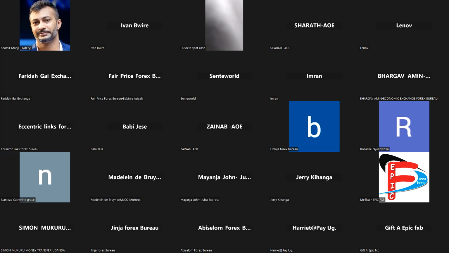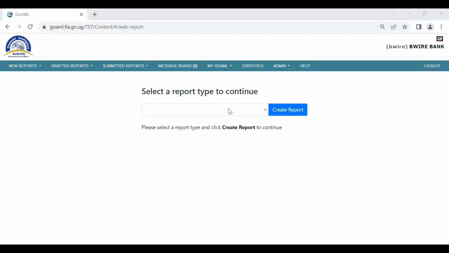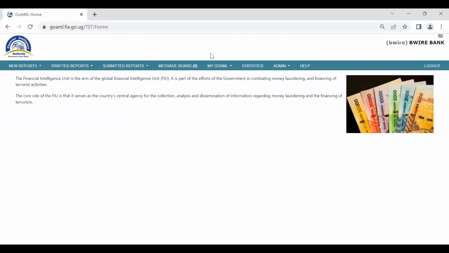AIF are what you call additional information files. This is when FIA writes to you requesting information on a particular individual or a particular transaction that happened, or if you send to us an STR or an SAR and we need more information about it, what we ask for is additional information. So once FIA asks for additional information, you send it to us.